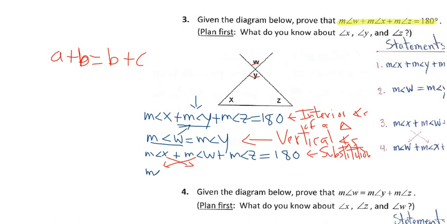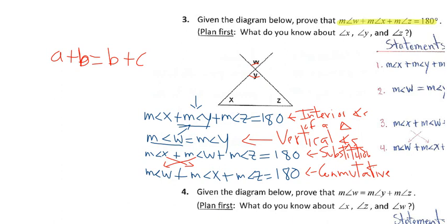Measure of angle W plus measure of angle X plus measure of angle Z is equal to 180, and that was by using the commutative property of addition. This is not one of the properties listed in the sheet of properties. You will have to know this from algebra.